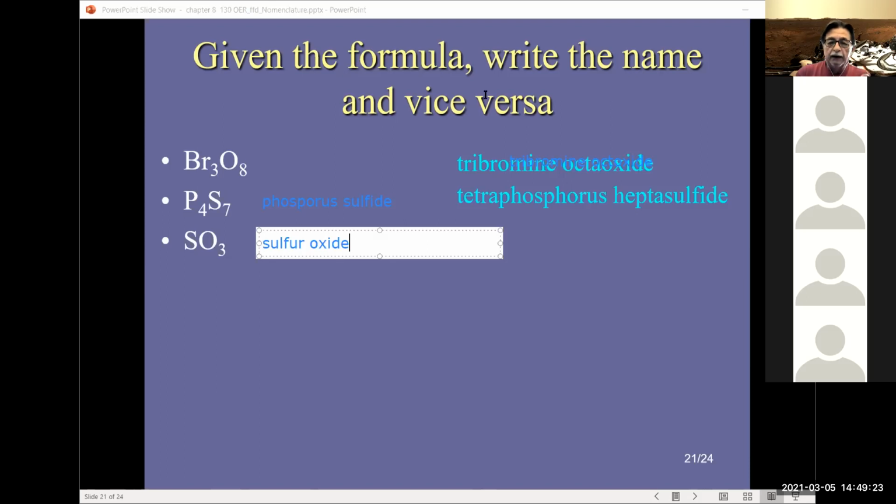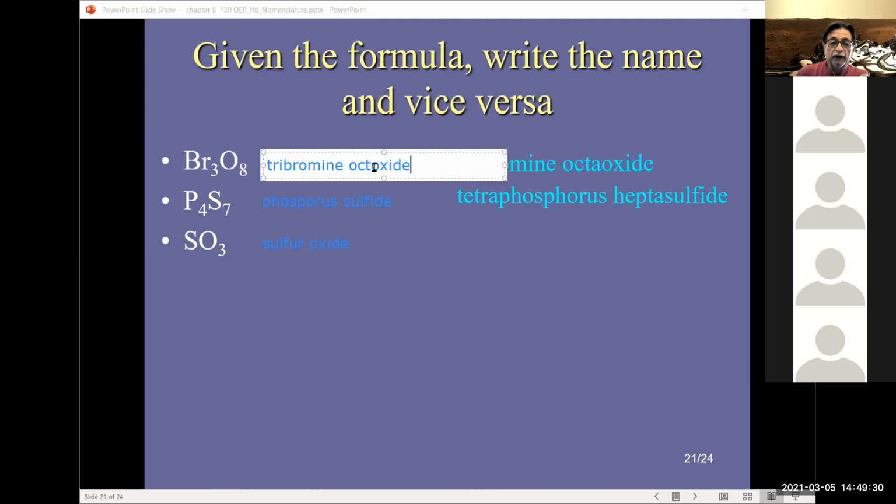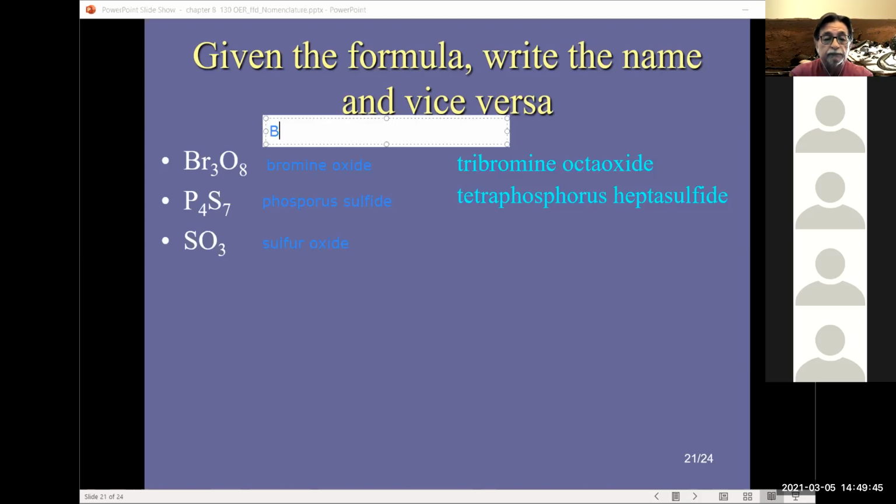Okay, and now let me do this. You can see how we're working this here. This first column is the base name. Here's the base name, first one, bromine oxide, phosphorus.